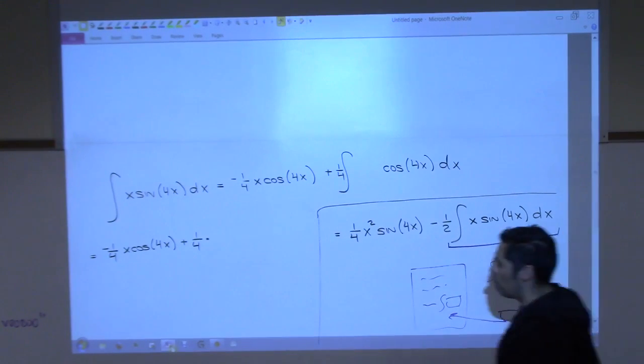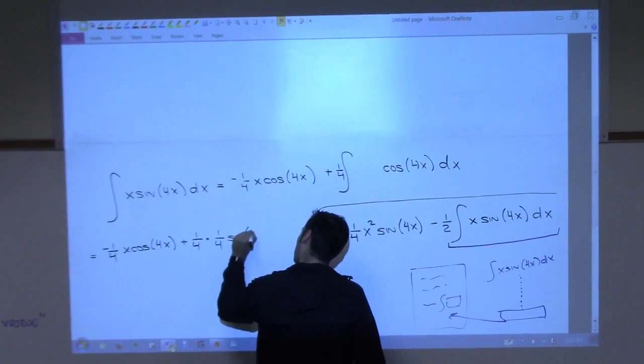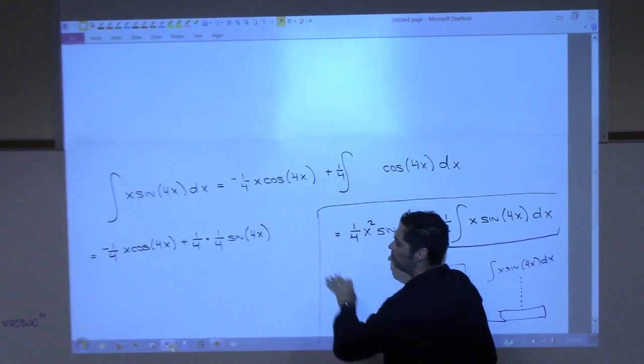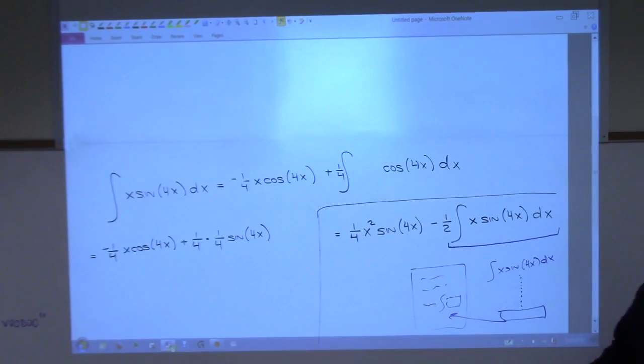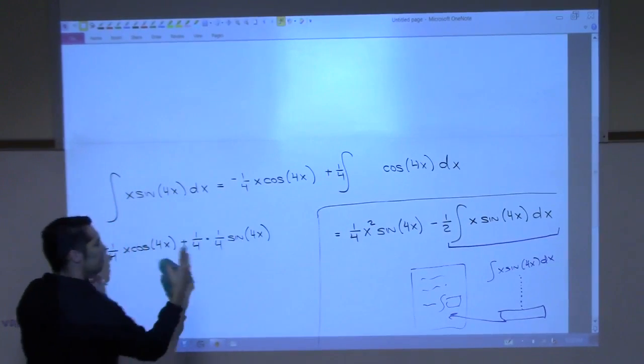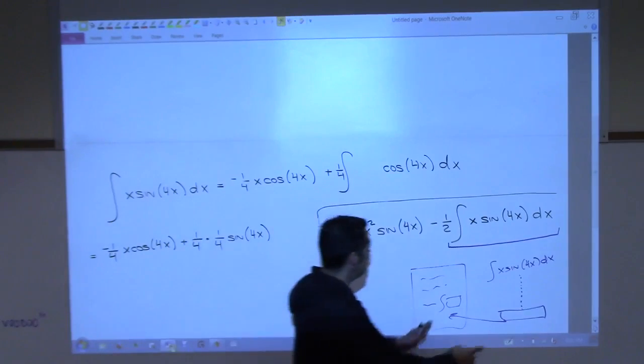Mm-hmm. And then plus c, right? I'm going to hold off on the c. I'm just going to tack a c on at the very end. We happy with that, everyone? This integral right here becomes this, and that needs to get pasted in right there.